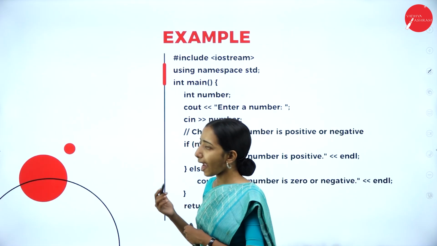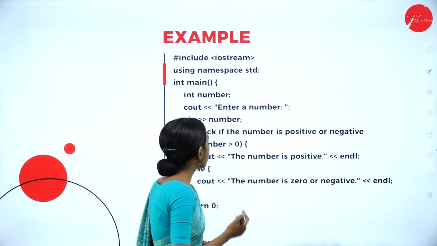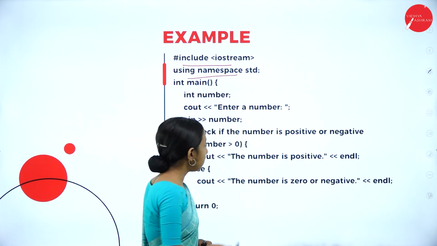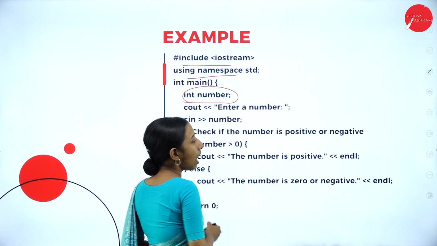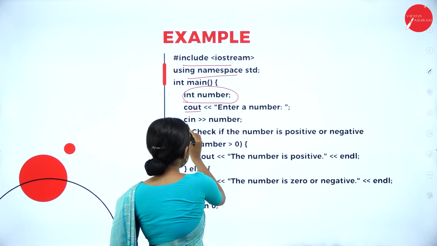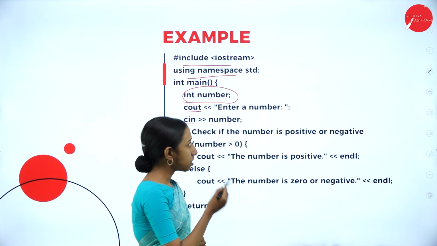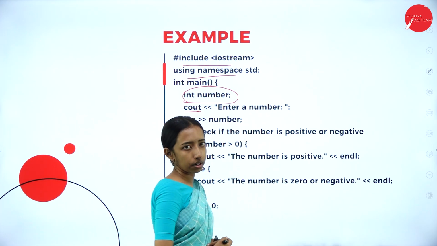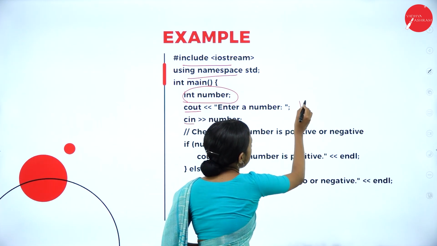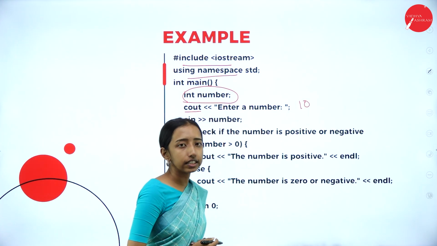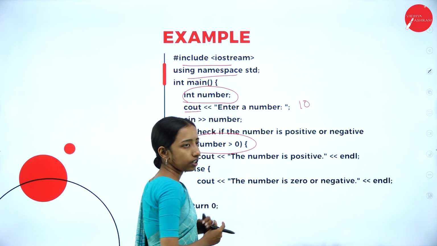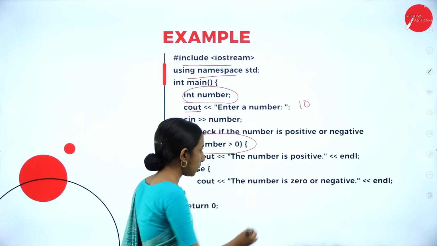So let us see the example here. Here you can see I have taken include, using namespace std, int number. In the previous class we learned about cout and cin. So here, enter a number, cin number. So I will be entering 10. So here we are having the if condition.